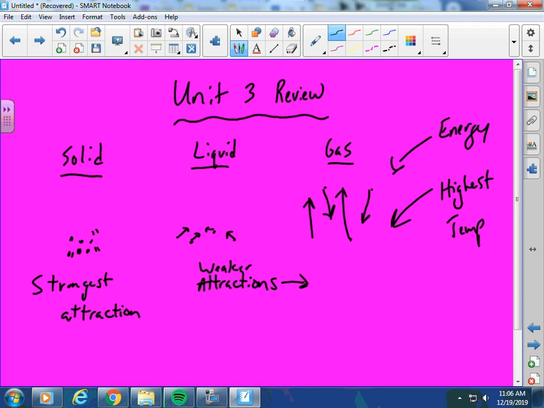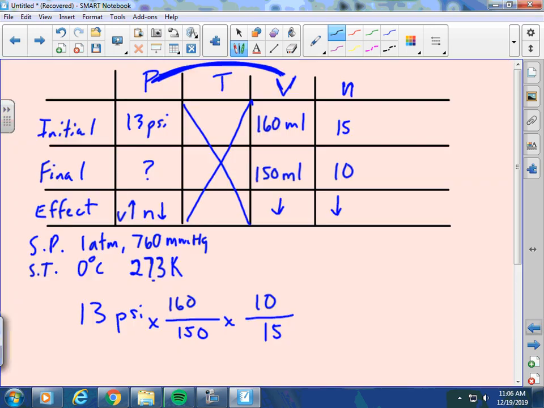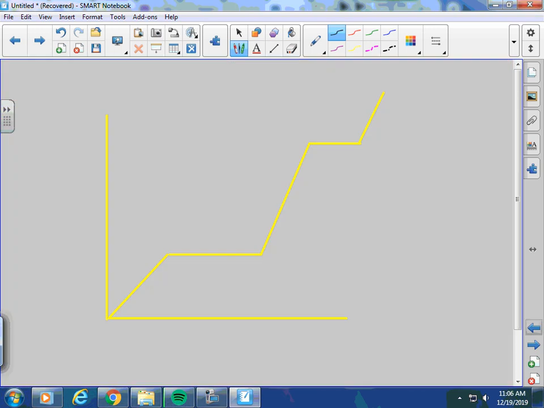Make sense? But understanding the phase energy, the energy that's needed to overcome these attractions, is a big deal. And that's why when we did the heating curve, we saw those flat spots. So we should know those flat spots are phase changes.